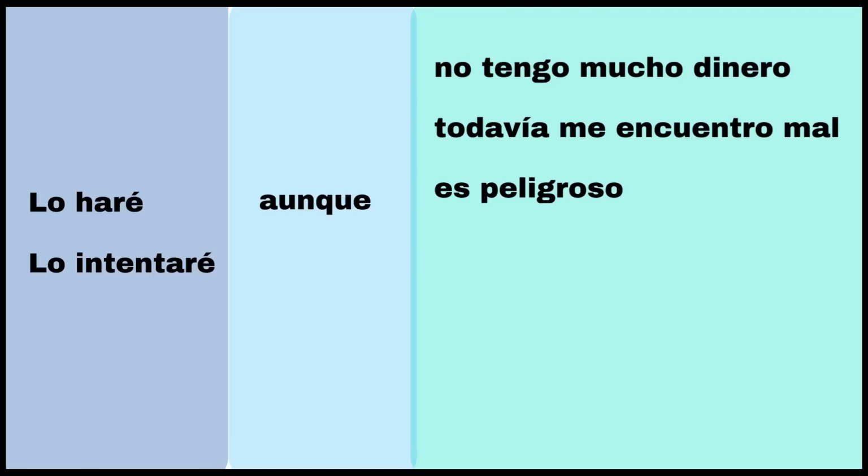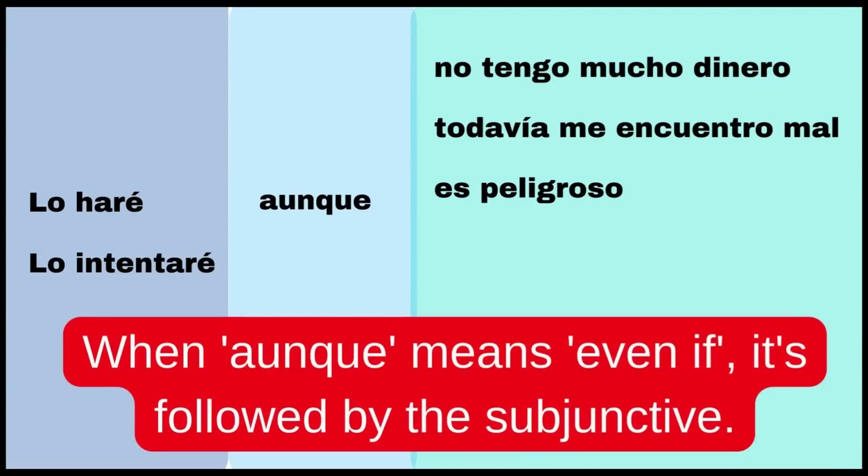Entonces, ¿cómo podemos decir I'll do it even if it's dangerous? Lo haré aunque... Y ahora mismo hay que parar porque no tenemos la frase adecuada. Porque cuando aunque significa even if, necesitamos el subjuntivo.